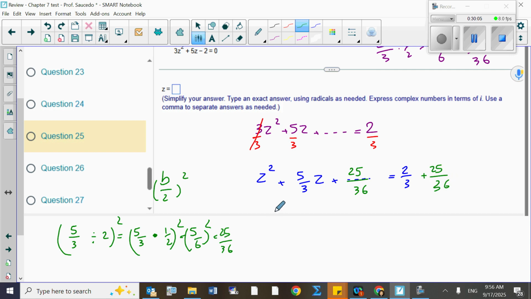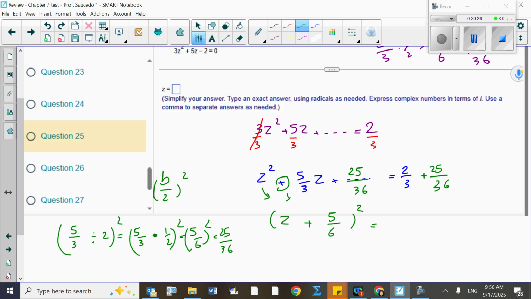Okay, now it's time to make the left side a perfect square. Square root of z squared is z. Square root of 25 over 36 is 5 over 6. And this sign will be here, which is positive. Now, what is the right side? I need to add these two. I have two fractions, but they don't have the same denominator.